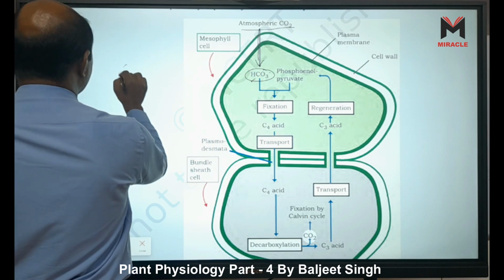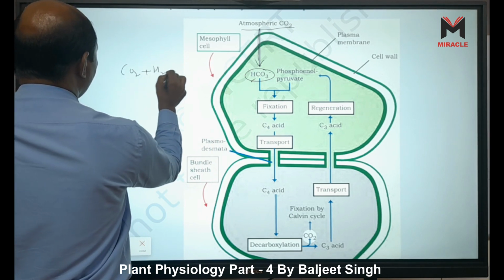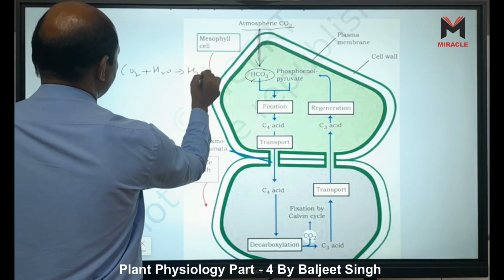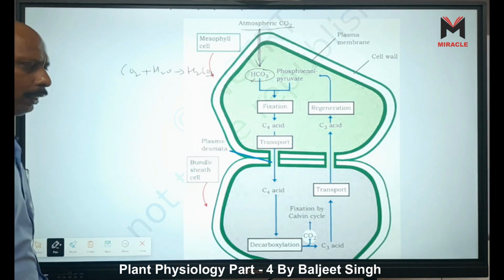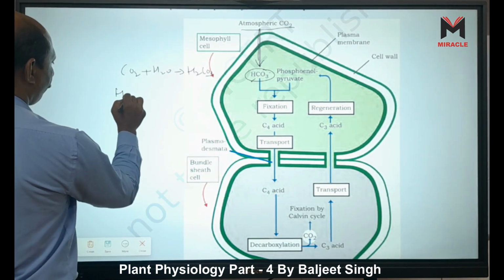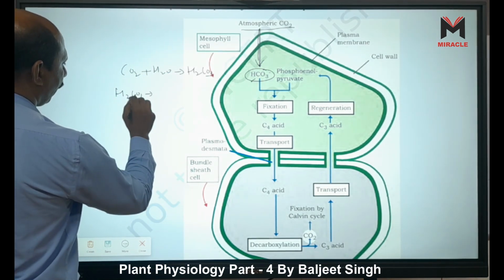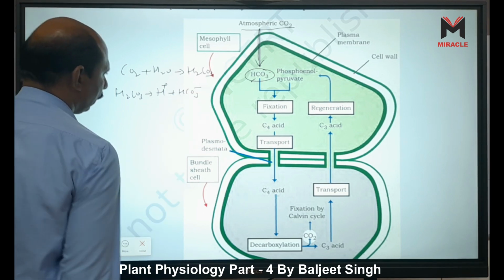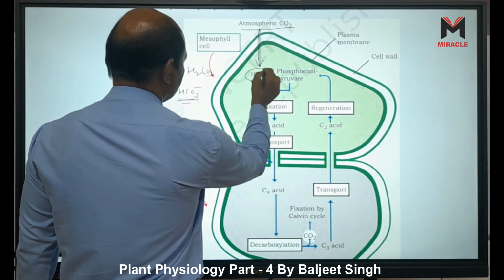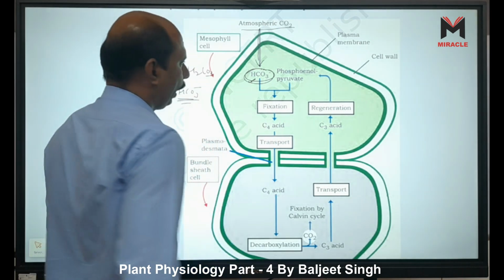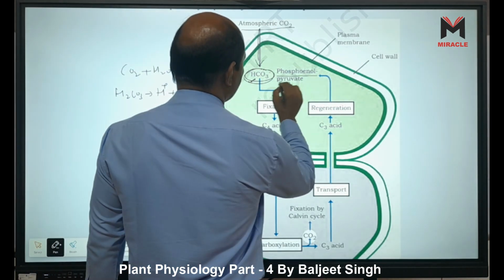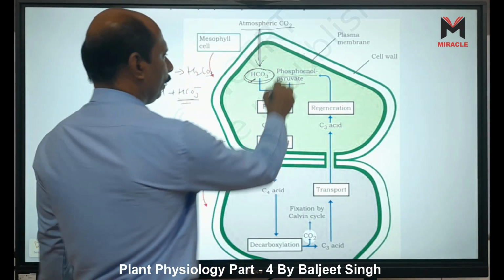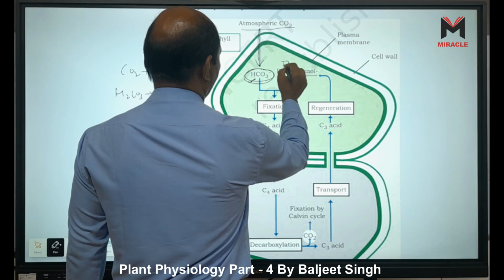This CO2 binds with H2O and forms H2CO3, and this H2CO3 is further broken down into H plus and HCO3 minus. This HCO3 minus binds with phosphoenol pyruvate, PEP.